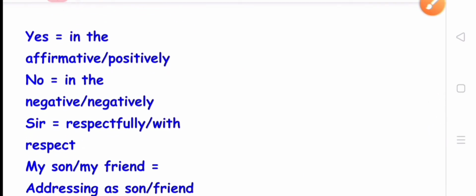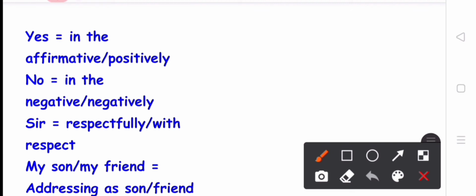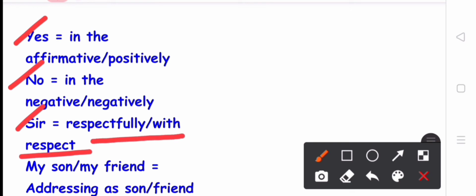There are some other changes. If we find yes, then to make it indirect we will write in the affirmative or positively. For no, we'll write in the negative or negatively. If we find sir, we'll use respectfully or with respect.